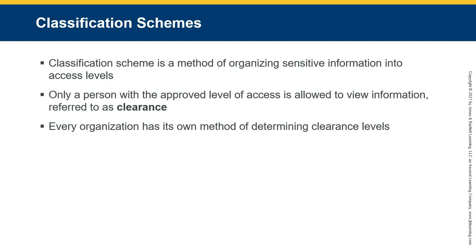Classification schemes are a method of organizing sensitive information into access levels. Only a person with the approved level is allowed to view that information, referred to as clearance. Every organization has its own method of clearance levels. As I talked about, it depends on where you are.